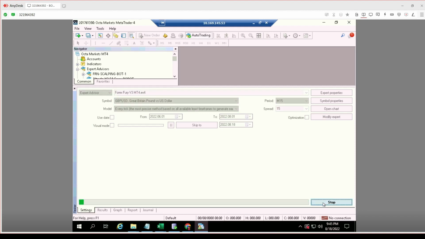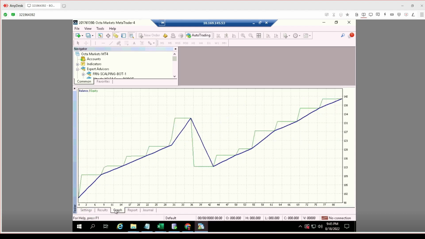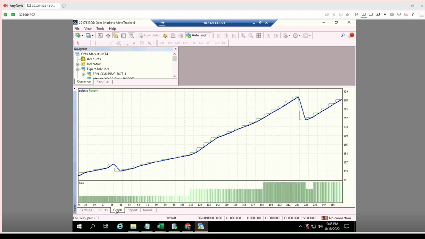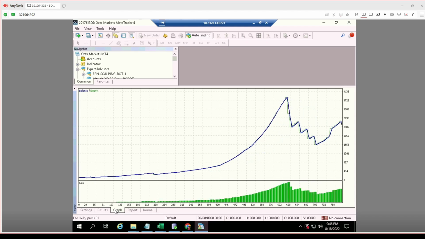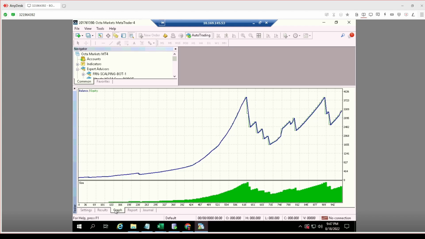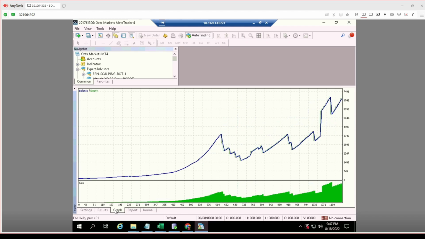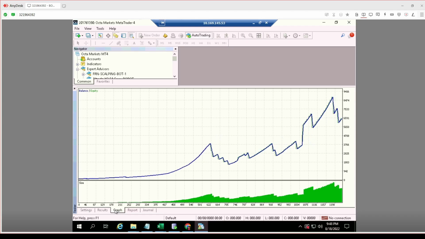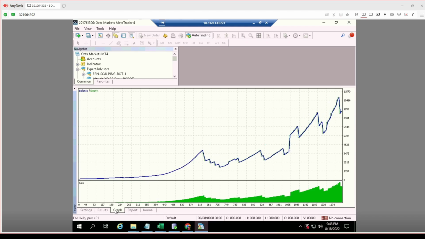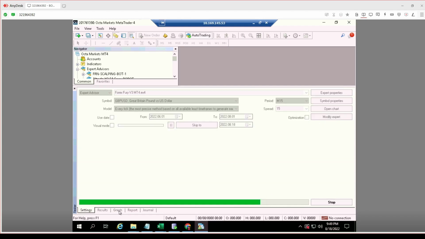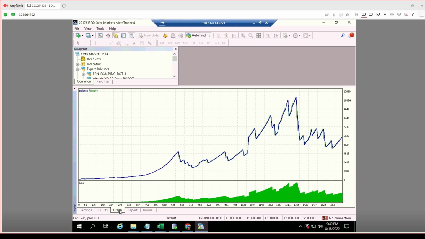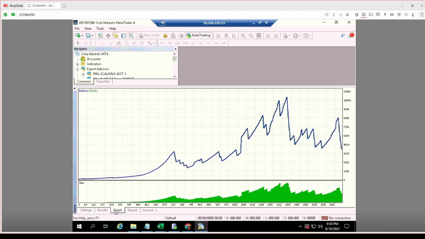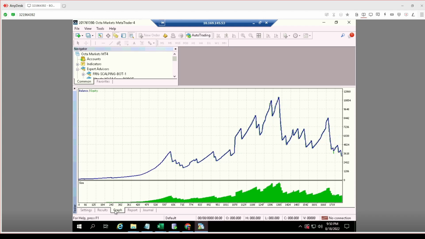And let's see the process of increasing profit and decreasing drawdown from the chart. I will save first.